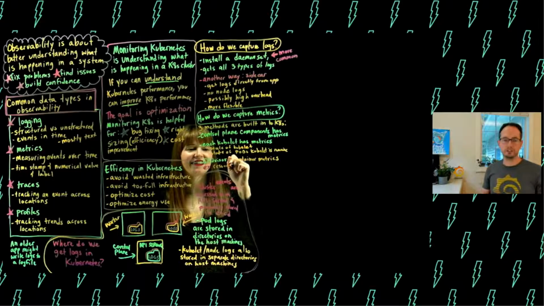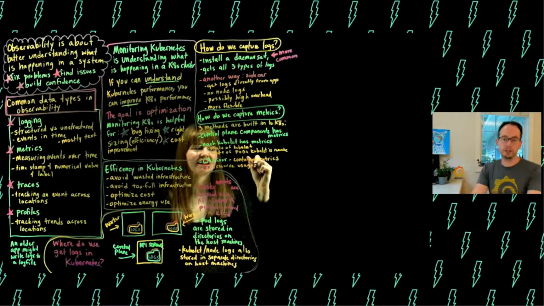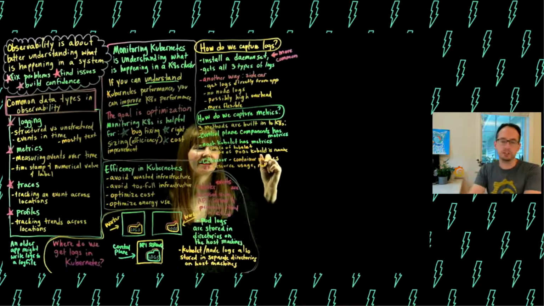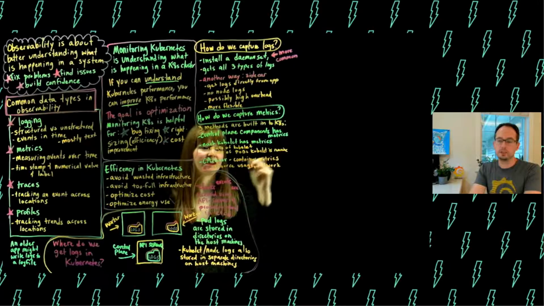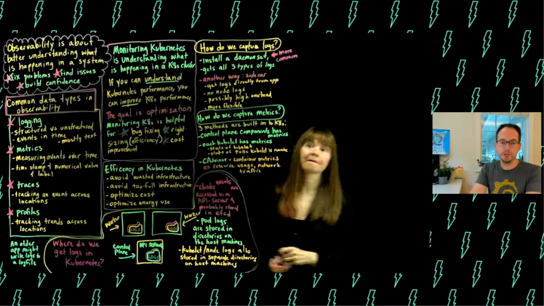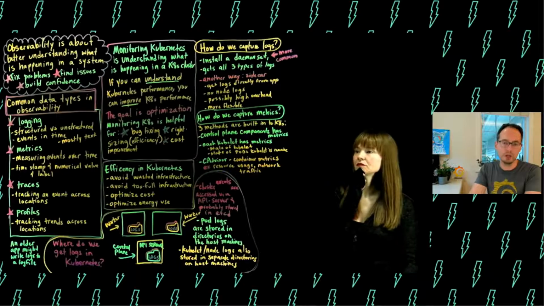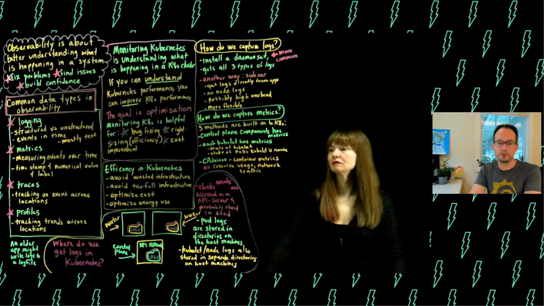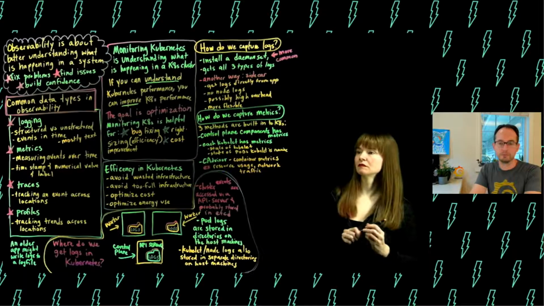And so cAdvisor gives us a lot of information as far as what is running actually in those containers. That's going to be really useful when we start thinking about, if the CPU usage of this container is super high, do we have enough capacity for it? If it's super low, are we over provisioned for it? So that's where we get some of that information.